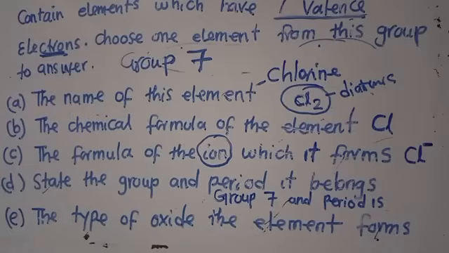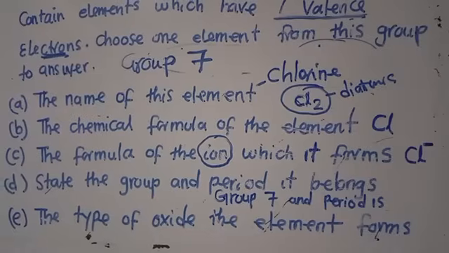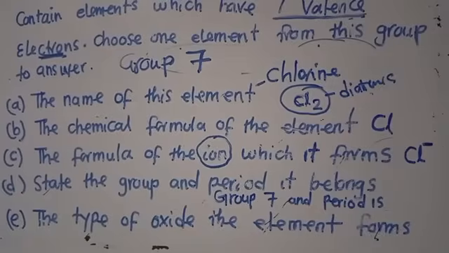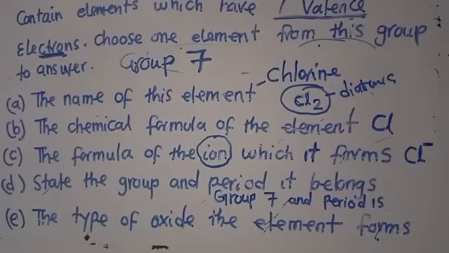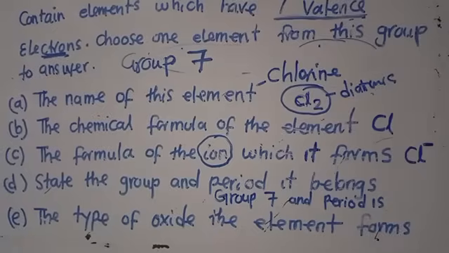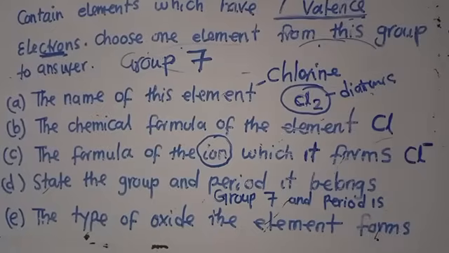So, sir, ions are always negative. So let me see this answer. No, when I say an ion, I mean a charged particle. So an ion is a charged particle that can either be negative or positive.